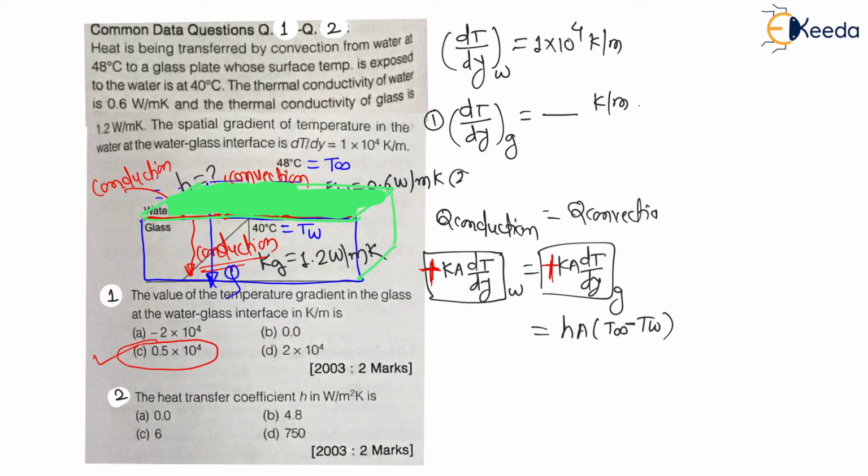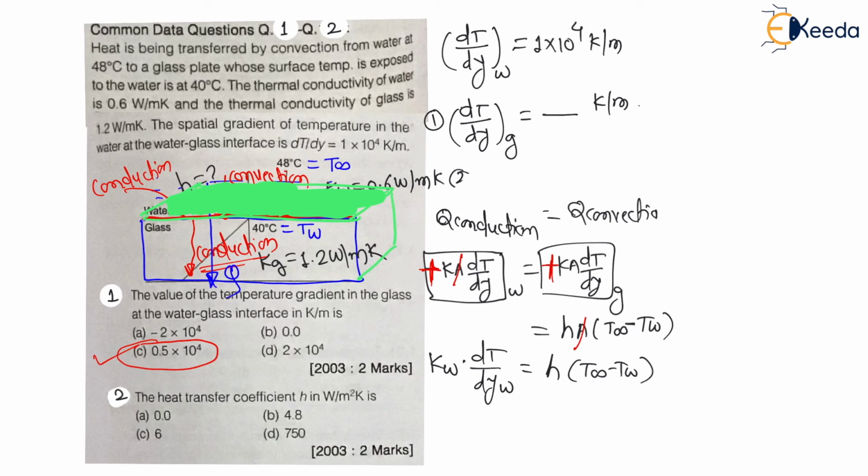So my dear students, let us equate any two equations. Let us equate conduction in water with convection at the water and glass interface. Therefore, the area on both sides will get cancelled. We get thermal conductivity of water into temperature gradient in water is equal to convective heat transfer coefficient into T infinity minus T wall. If I write T wall minus T infinity, then there will be a negative sign.